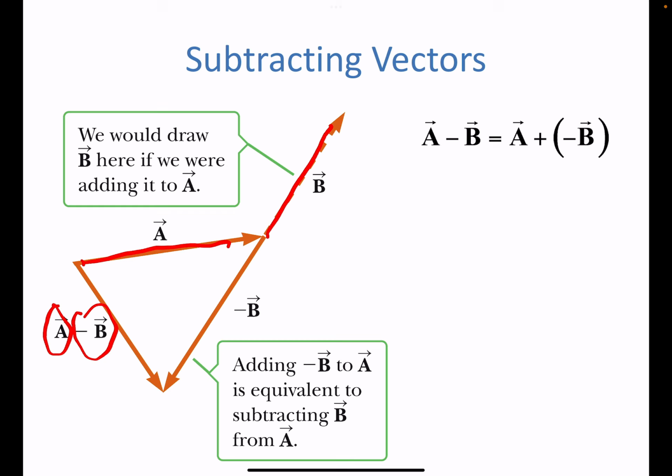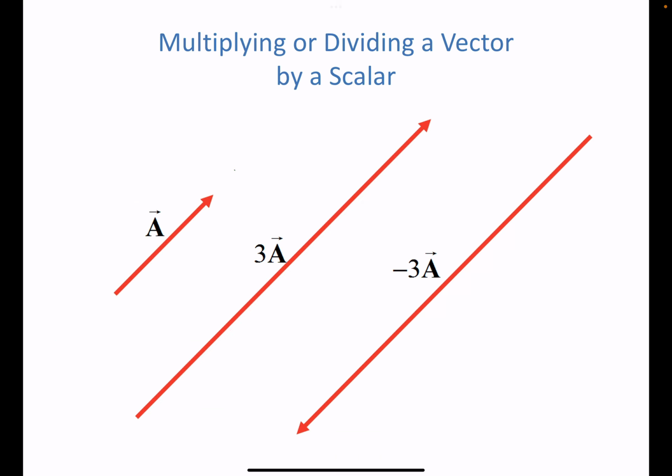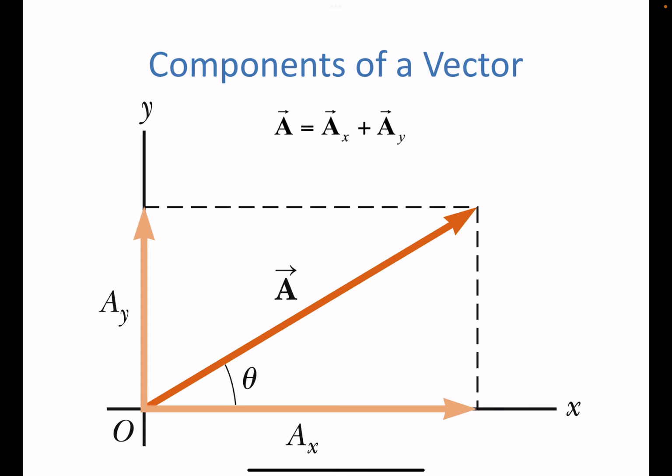So now you can add A and minus B. Adding A and minus B will give you A subtract B, correct? And we can multiply a vector by a scalar to make it longer, shorter, or reverse its direction.